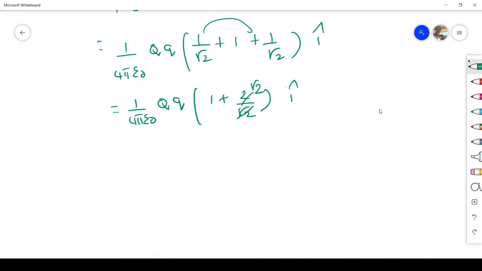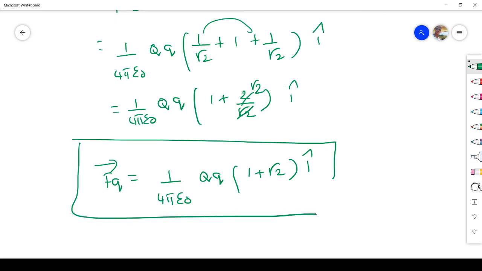Clear? So what is the answer? My total force on Q is 1 by 4 pi epsilon naught QQ into 1 plus root 2 I cap.